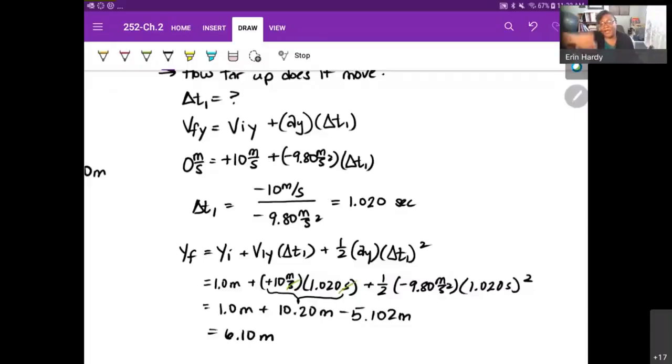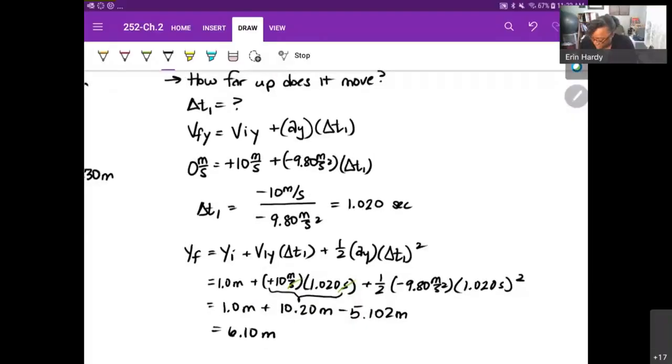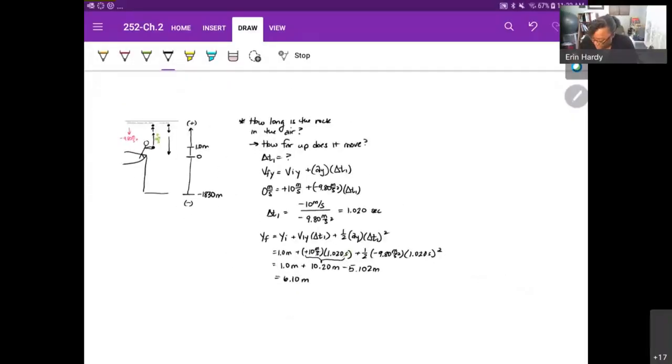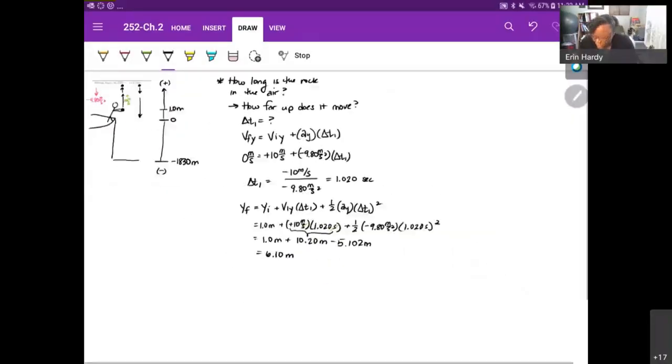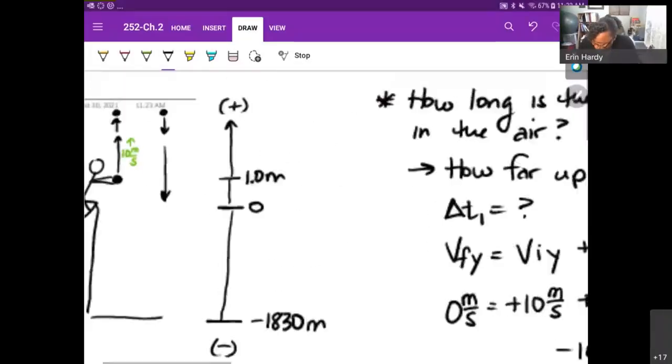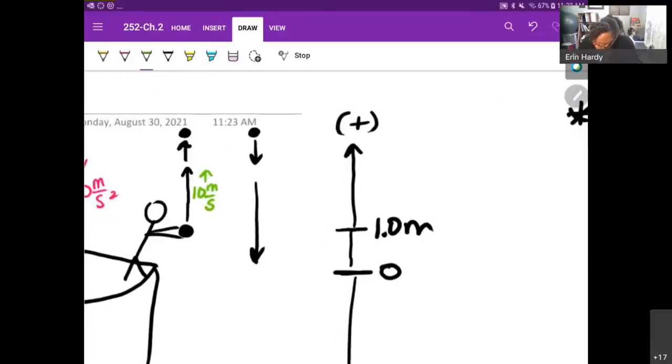So now I know that the rock goes 6 meters above the 0 point on the coordinate system, so just 5.1 meters above the point where you imagine letting go. But now this gives me a new y, one that I can determine. So I'm just going to put a table up here.